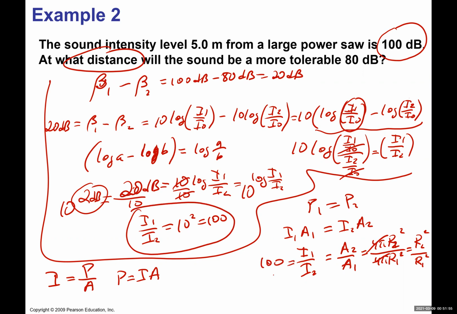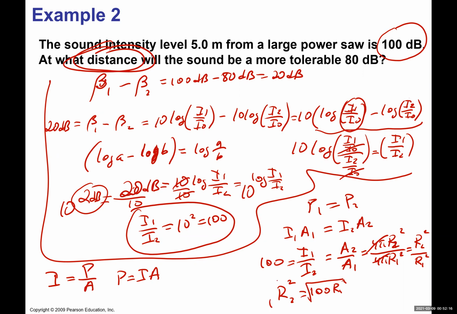I want to find the distance 2, that means R2. So R2 squared is equal to 100 times R1 squared.